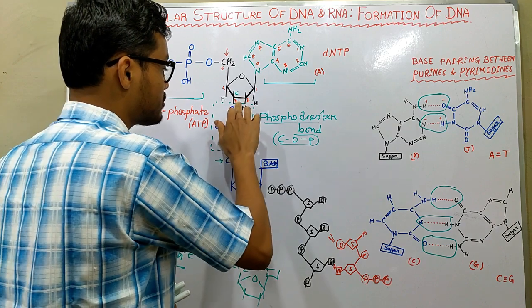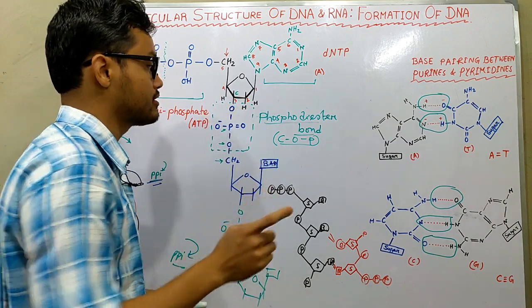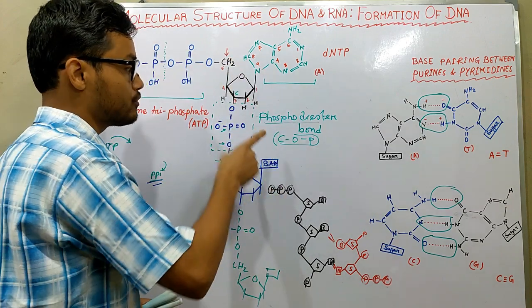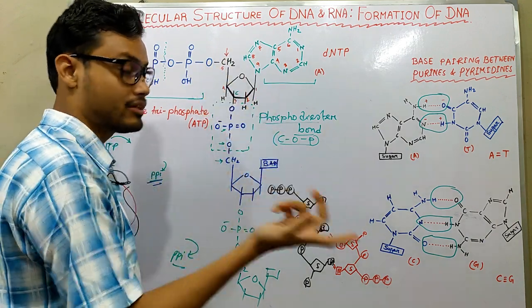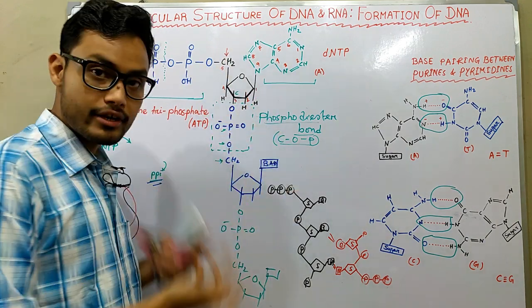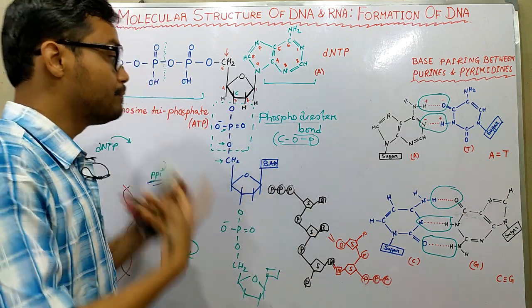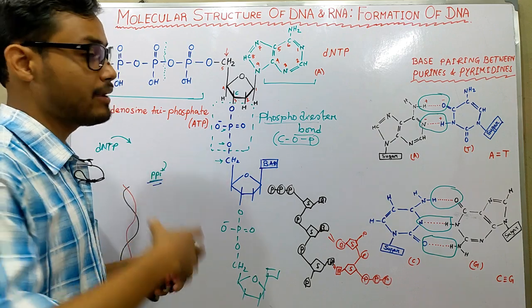Because between ribose and deoxyribose there is one difference at carbon number 2 of the pentose sugar. In ribose sugar an extra oxygen group is present, but in deoxyribose the hydroxyl group is replaced by a hydrogen group.